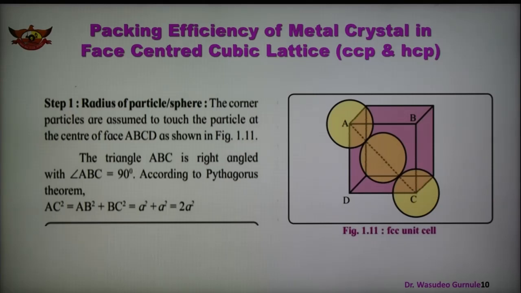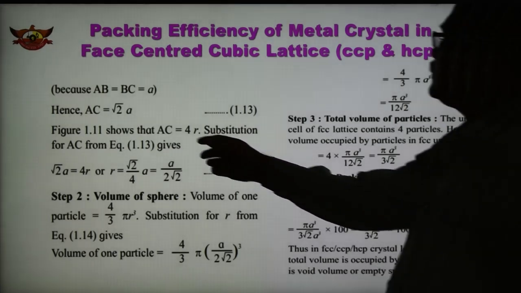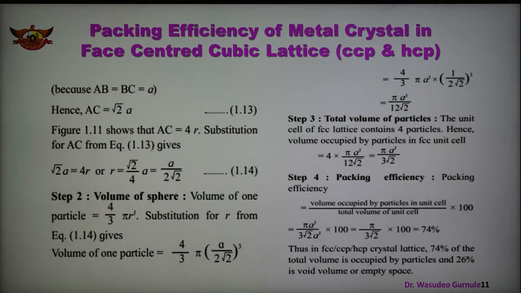So AC square equal to 2A square, because AB equal to BC equal to A is shown. So AC is equal to root 2 A.